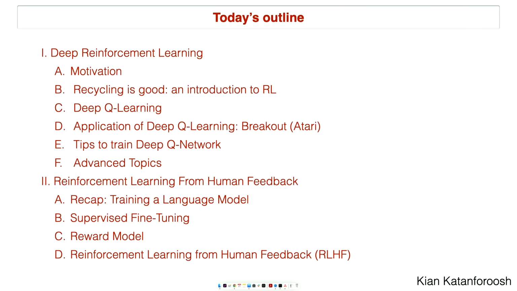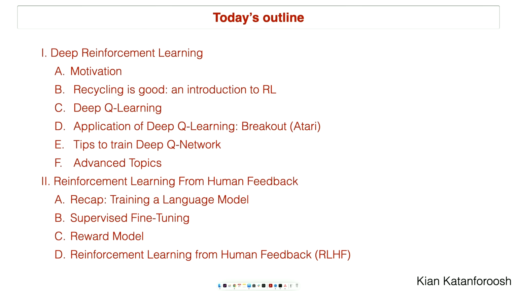In the second half of the class, we will focus on a very specific concept called reinforcement learning from human feedback that you might have heard of. It's one of the core concepts that really made the difference between what you might remember as GPT-2 and ChatGPT.